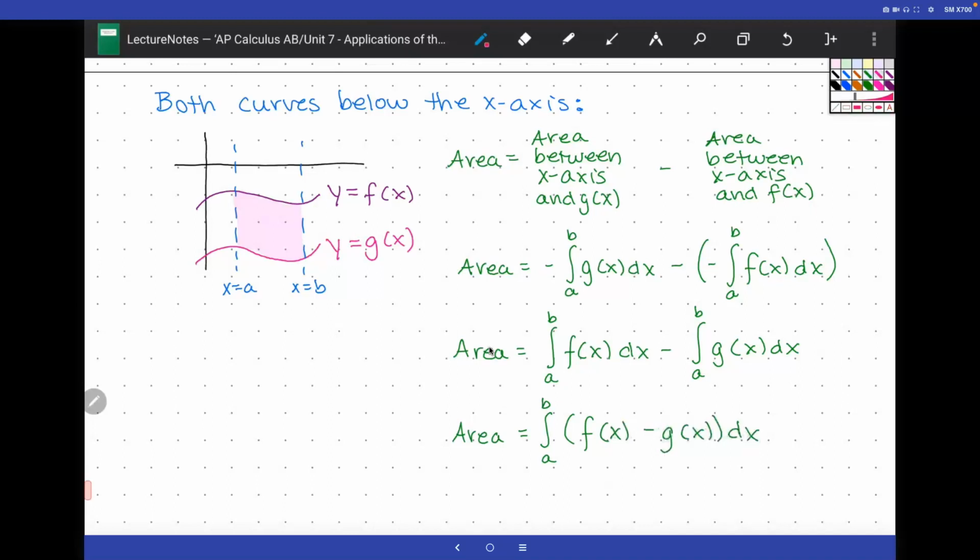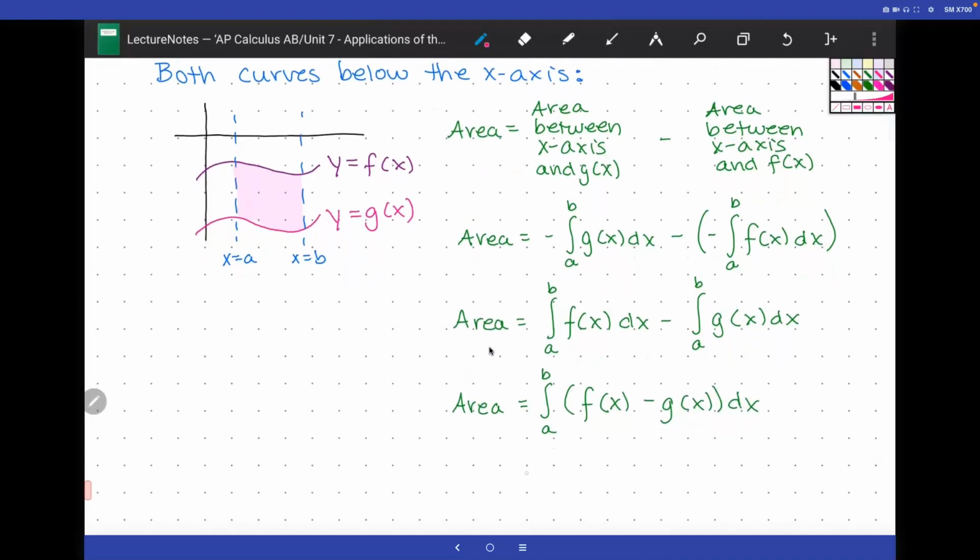And this time, looking at the relation of top and bottom, this time f is the top. Oh, look. Well, this is awfully convenient, isn't it? It's still top minus bottom. We don't have to memorize 3 different things. Just one. Top minus bottom.